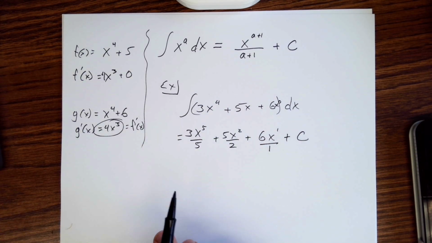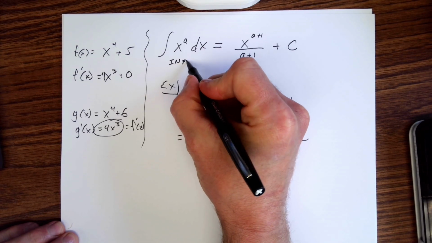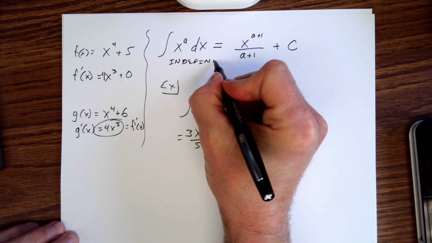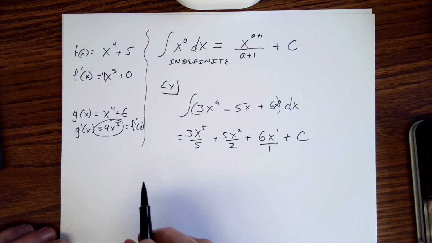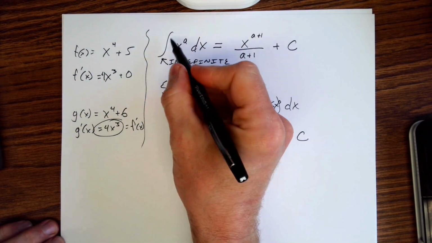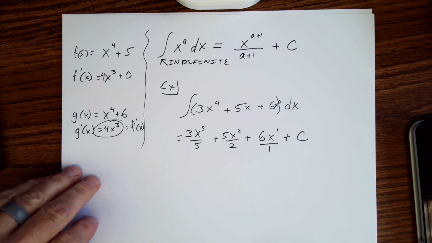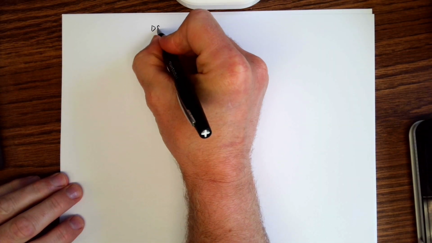Now this particular one is what we call an indefinite integral because there's no values for a and b. The interval is not defined between particular spots. Now that's different from what we call a definite integral.